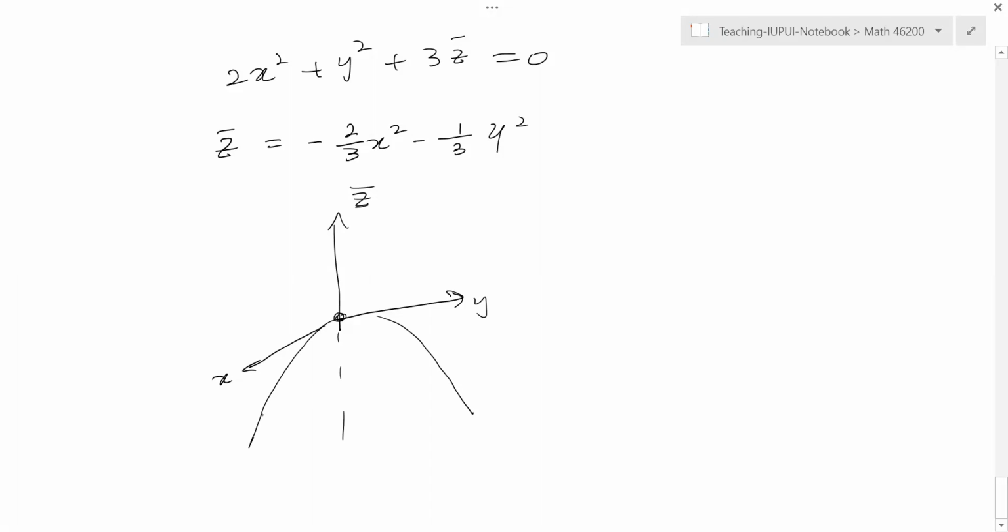It opens downward. Each cross section is elliptic, not a circle, because the coefficients are different. So this is an elliptic one, and this is a circle. How does it look?